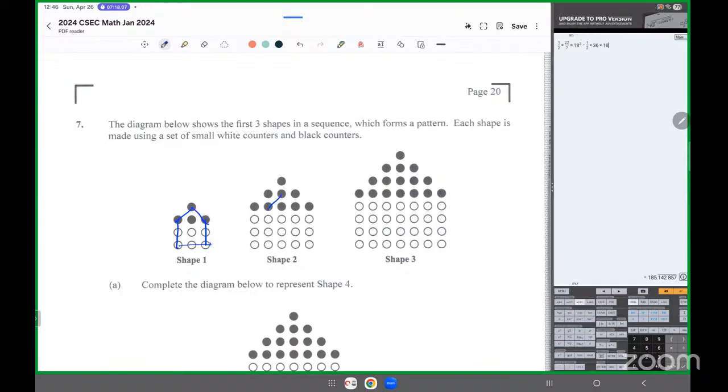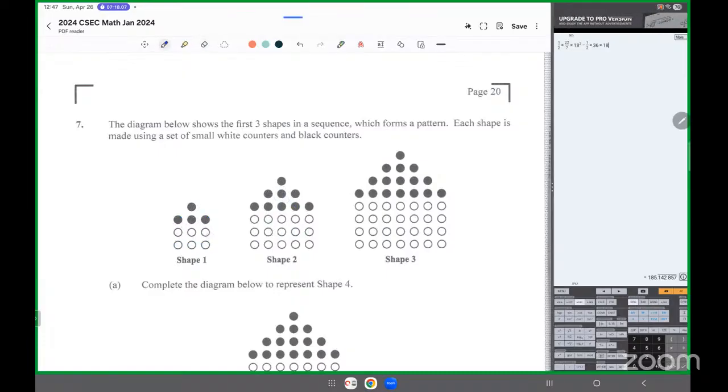So all these dots around it were added. They keep adding dots to the sides, above and below, all around.